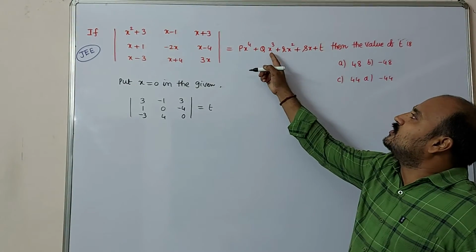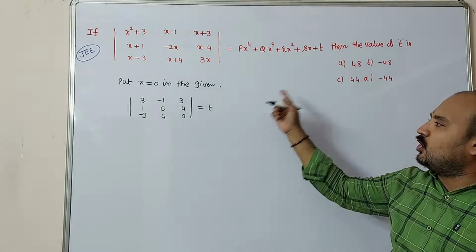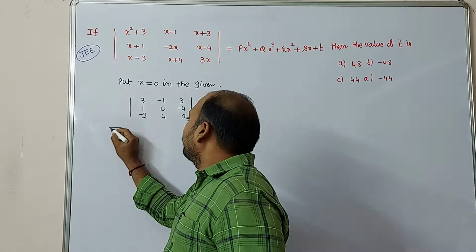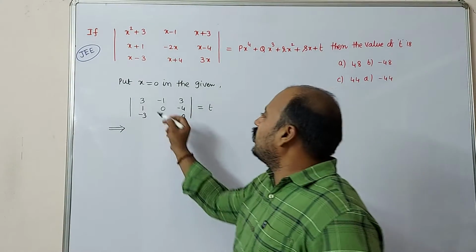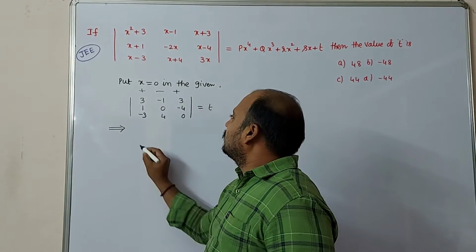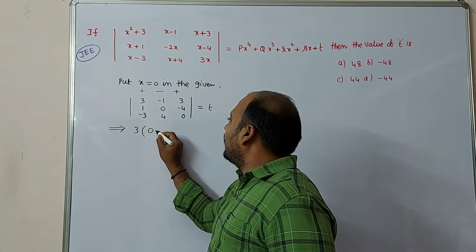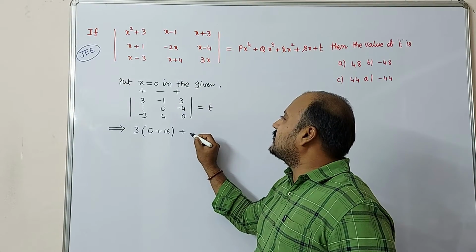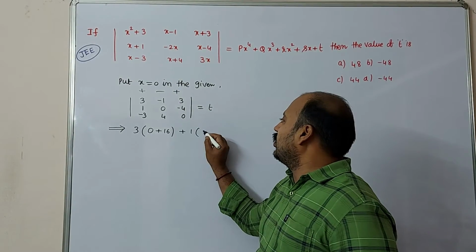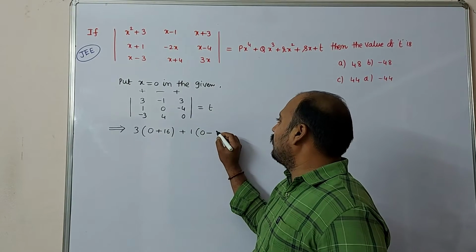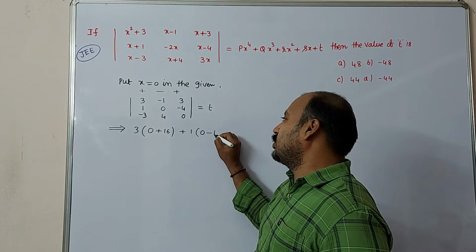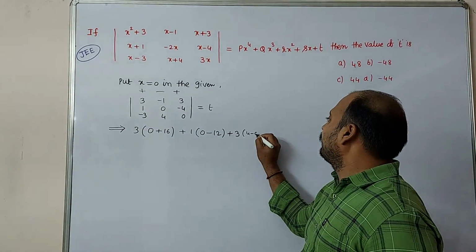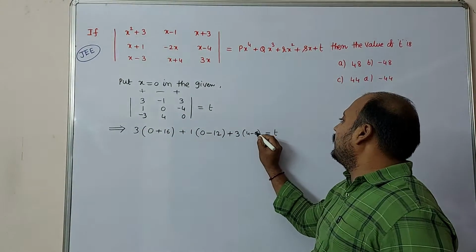So 0 plus 0 plus 0 plus t, ultimately t only. Now expand this 3 by 3 determinant. We know how to expand. 3 into 0 minus of minus 16, plus 16, so minus into minus is plus. Then 1 into 0 minus of minus 12, sorry, minus 12 only it will become. Plus 3 into 4 minus 0, which is equal to t.